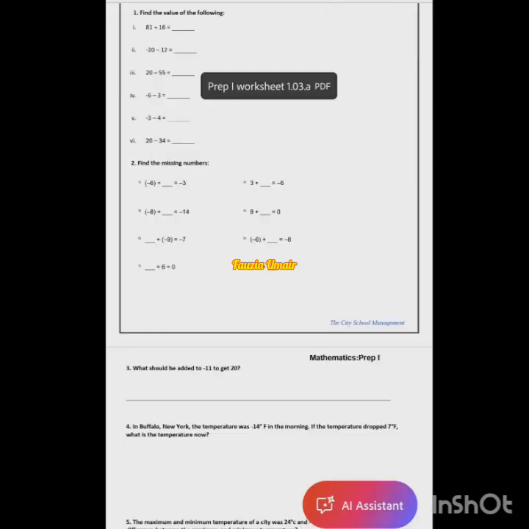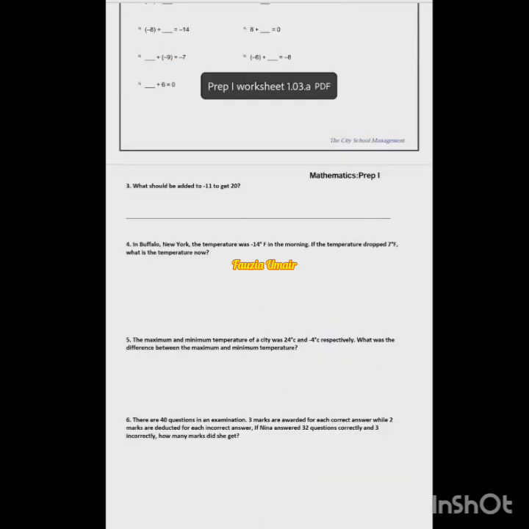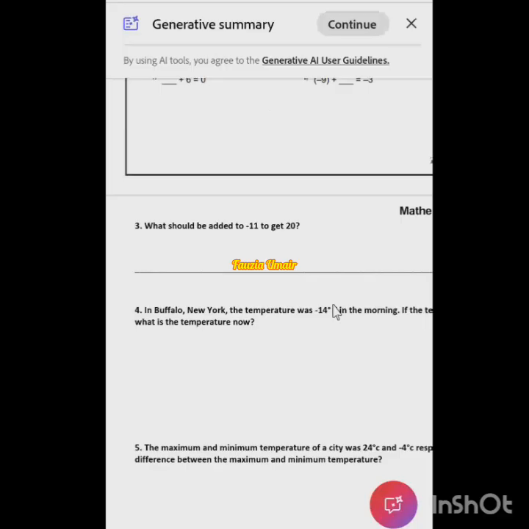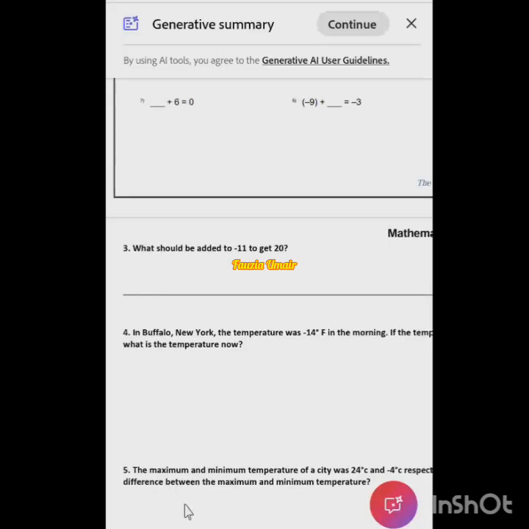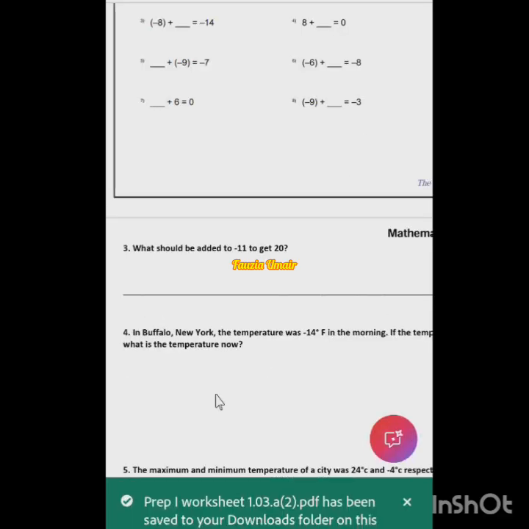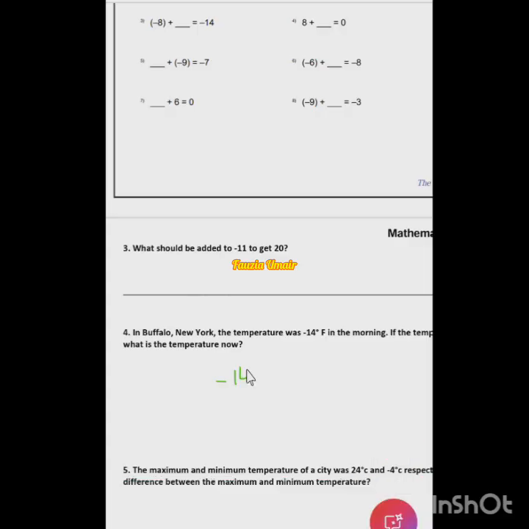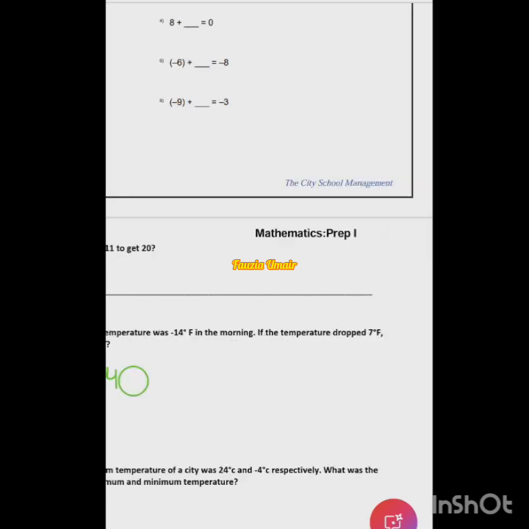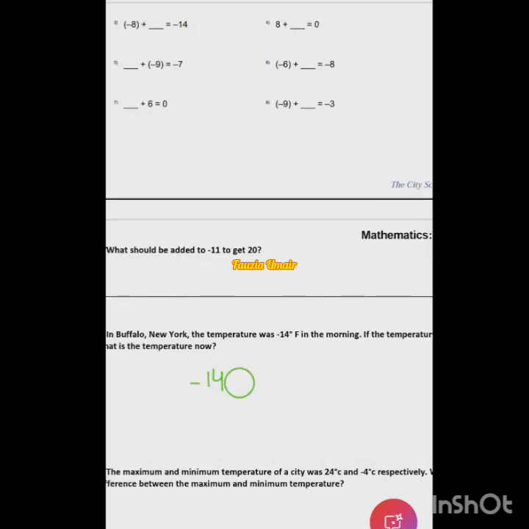Right. So earlier it was minus 14 and now it has dropped by 7 Fahrenheit. So how to calculate this? Minus 14. If it is dropped by 7, what would be the operation here?